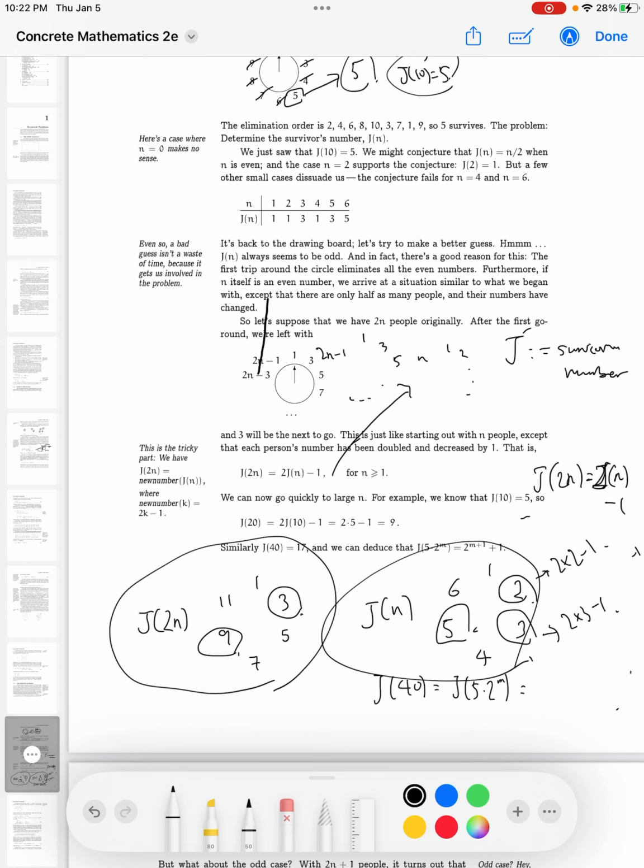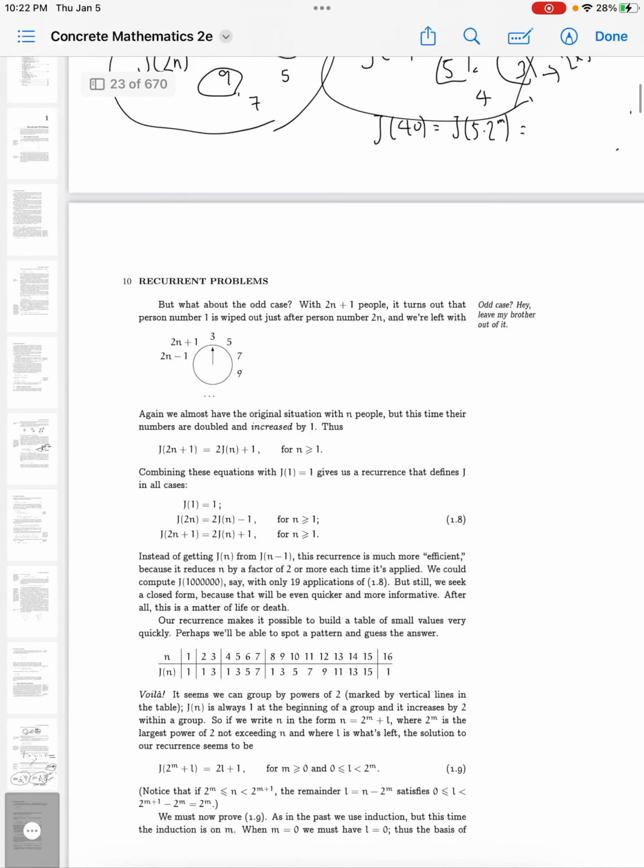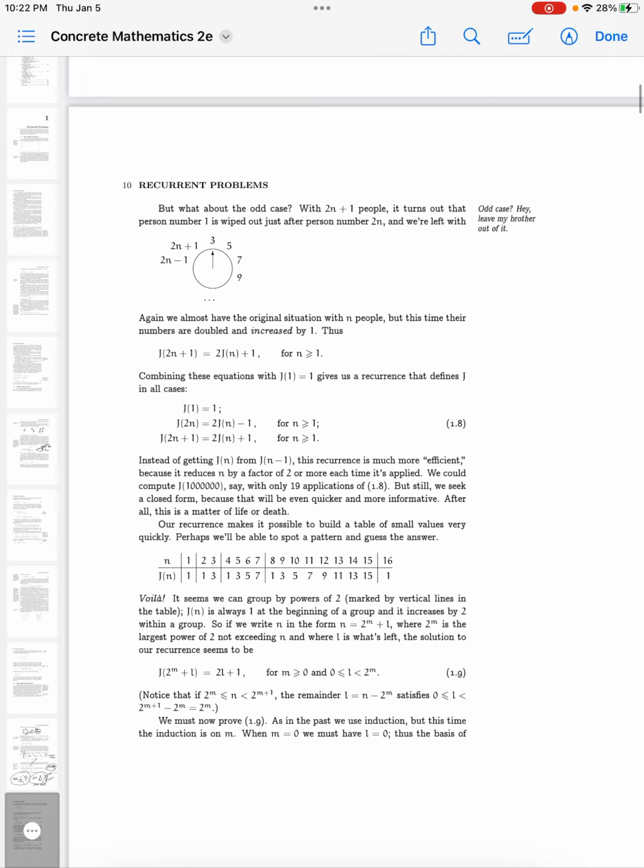So we can generalize the approach for an even number: J of 2n is equal to 2Jn minus 1. And for an odd number of people, it's going to be 2Jn plus 1.